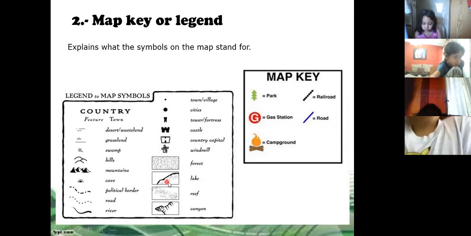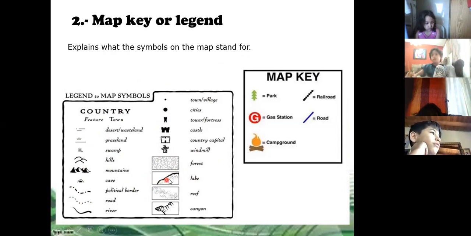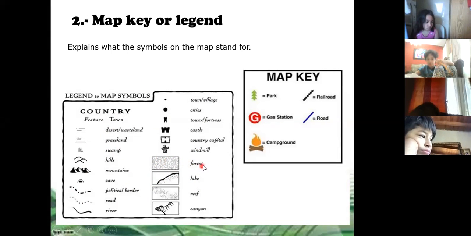For example, you see this symbol, you know that it's about a lake. So if the map has this symbol, you know that it's a lake. If you see this picture on the map, you identify that it's describing that in that place of the map there are forests. It might be a forest.